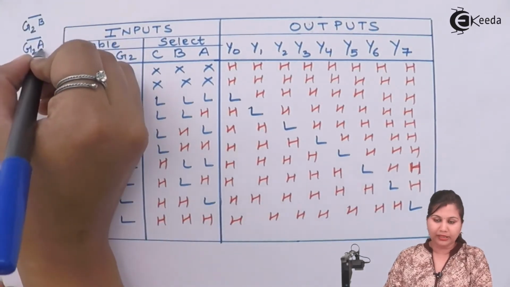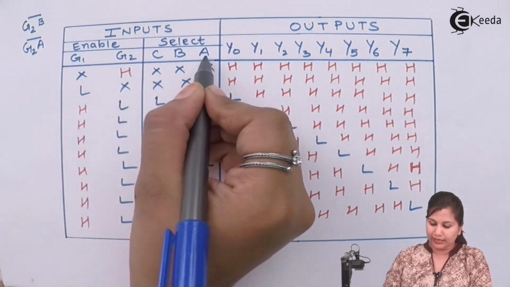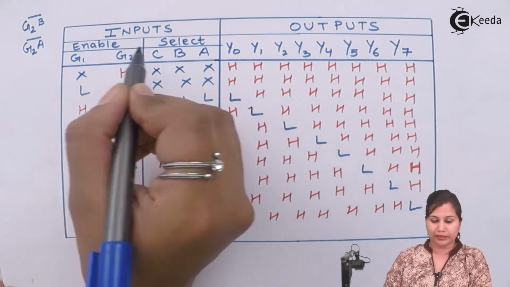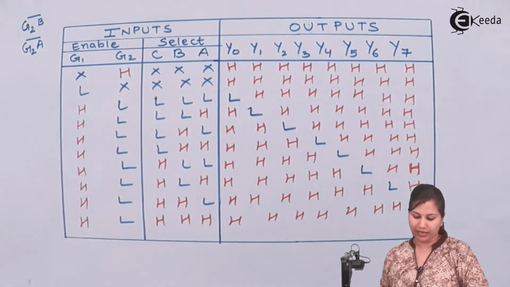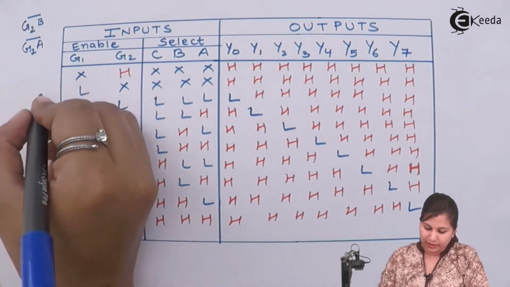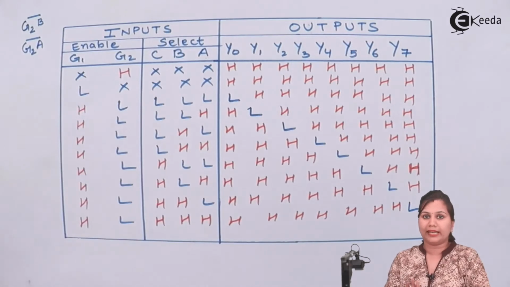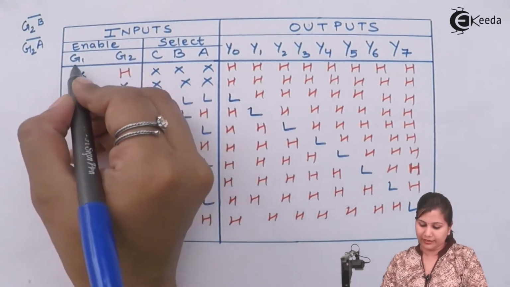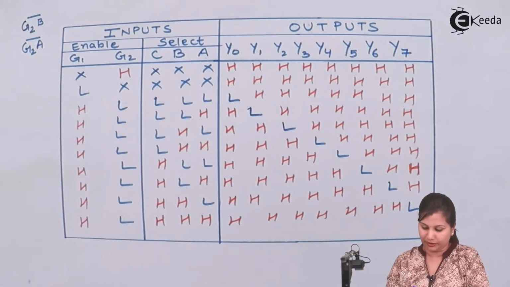So G2A bar and G2B bar have to be 0, and the G1 line has to be high for the device to be activated.